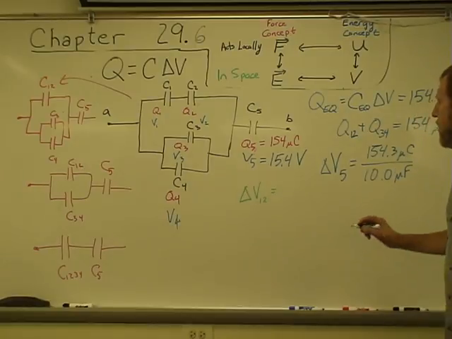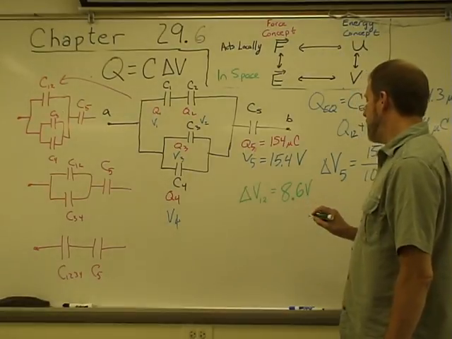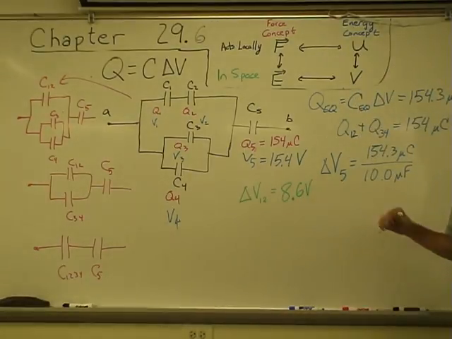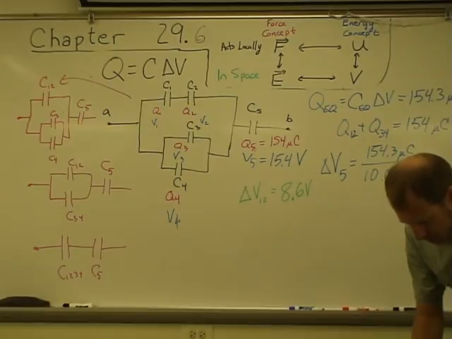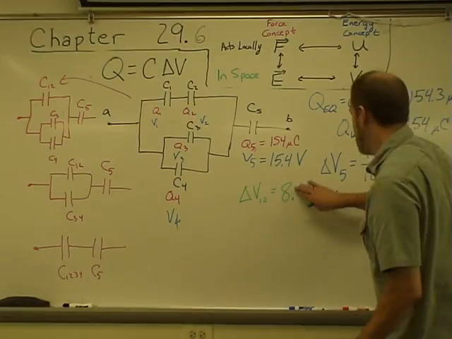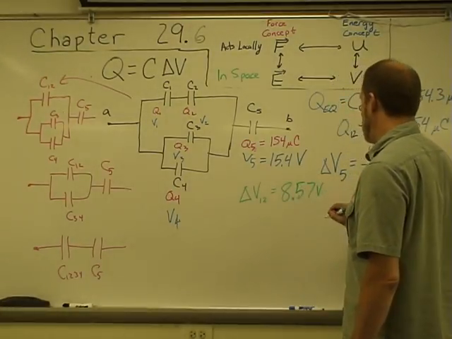I forgot to take note of that, so there's going to be a bit of rounding error in here. 8.6 volts. There's rounding error in here. I'm not going to stop and fix that now, because I erased over some stuff. Or actually, right, whoops. Didn't see I had that. Let's call that 8.57 volts.